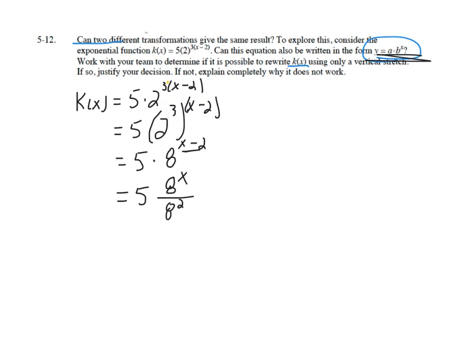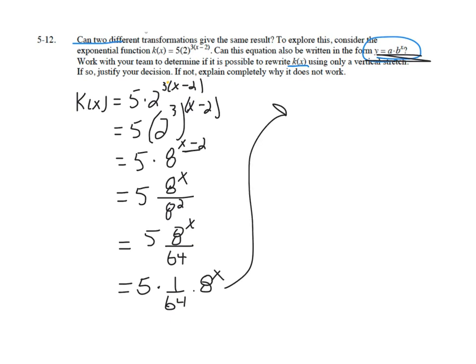Now, 8 squared happens to be 64. So now I have 8 to the x over 64, which is equal to 5 times 1 over 64 times 8 to the x, which gives us k of x equaling 5 64ths times 8 to the power of x.